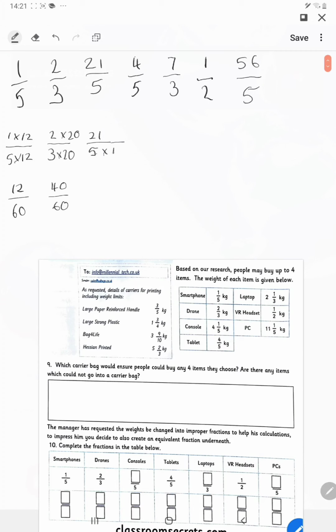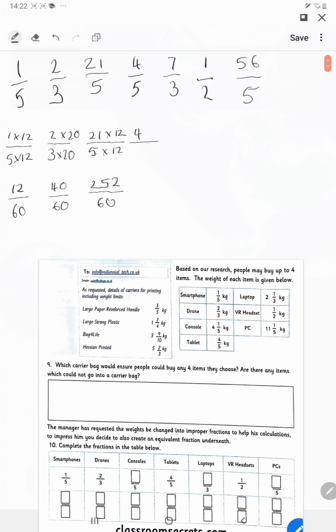We need to multiply it 12 times to give us 252/60.